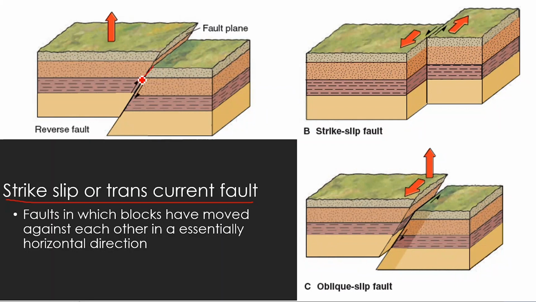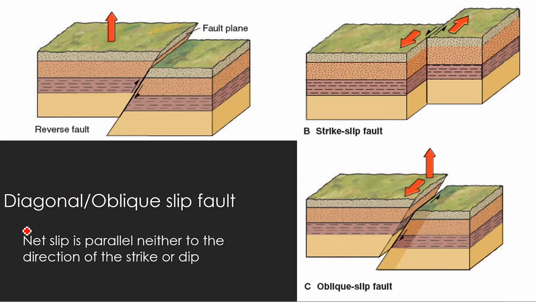Next one is a strike slip fault or a transcurrent fault, where neither of these fault blocks moves down or up, rather they are moving side by side. See, here both the layers are of the same height, there is no displacement vertically, rather the displacement is horizontal. This kind of movement we call a strike slip fault. And there is one more, we call it a diagonal slip fault, where the movement is diagonal to the layers.